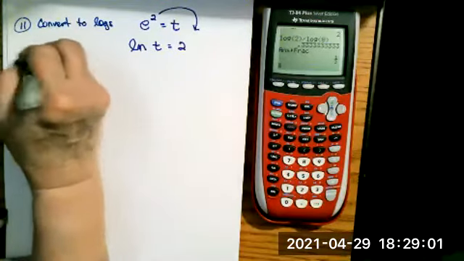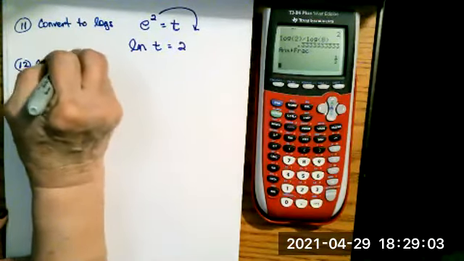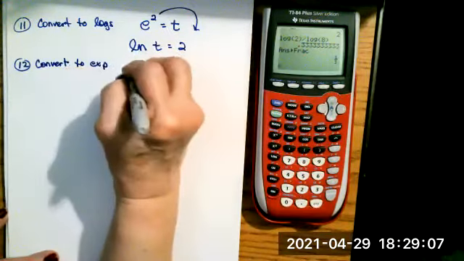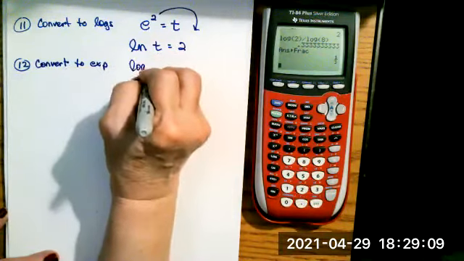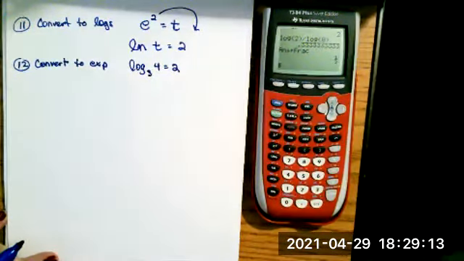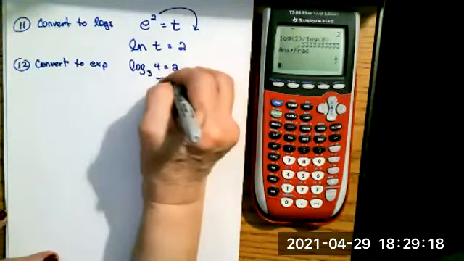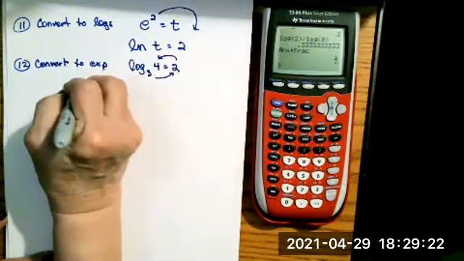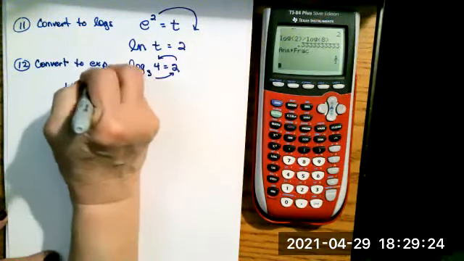Then on 12, we're going to go the other way. Convert to exponential. And for some reason, I think this is a little easier for most people. Log base 3 of 4 equals 2. So we have the little number to the answer is the big log number. I don't know if that helps or not. Does this say log 3?